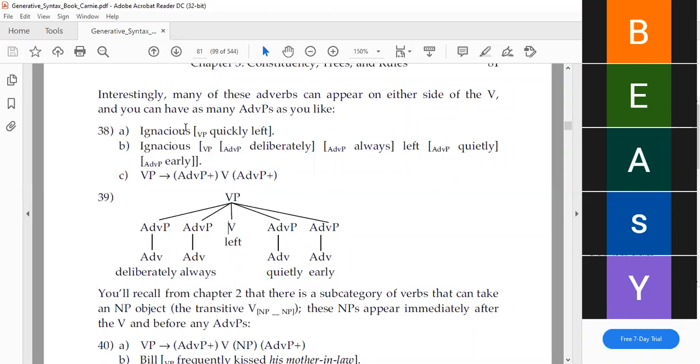Now, this is good for intransitive verbs, where we have only the verb and one or more adverbs modifying the verb.